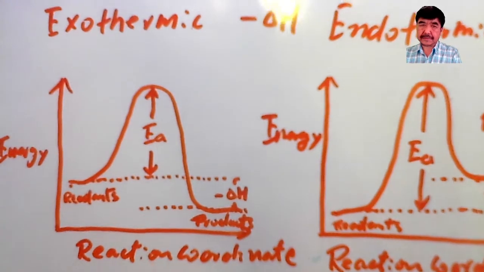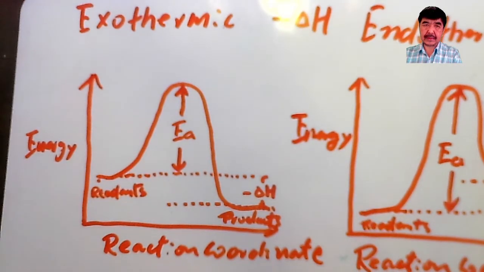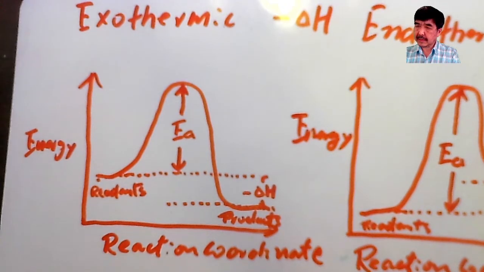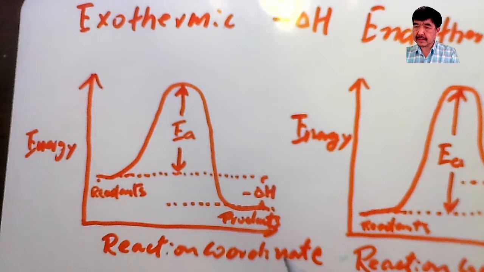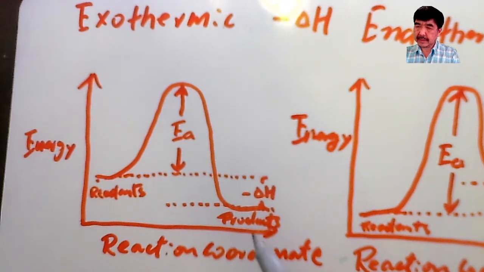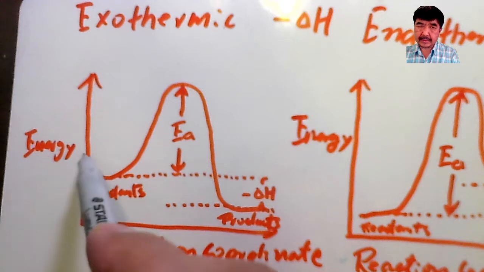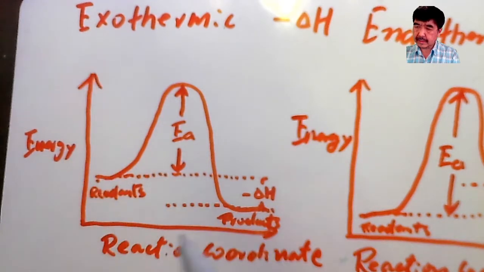Okay, the first one, let's take a look at this exothermic reaction. They release energy. What does it look like? The y-axis is the energy, increasing. The x-axis is the reaction coordinate.